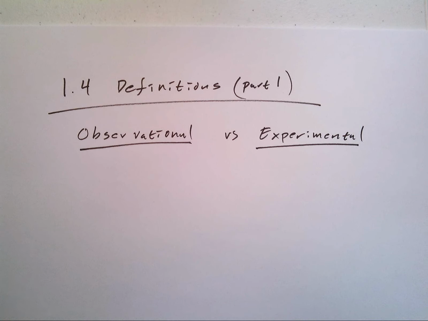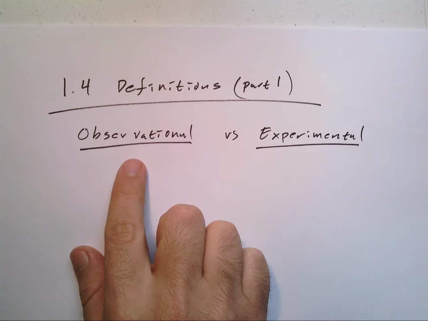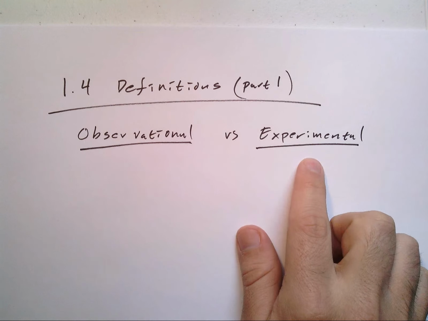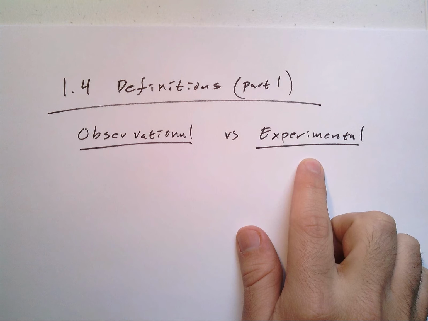One does not get the medication, the other does get the medication. In this case, you're actively tweaking the group you're looking at, right? So you're actually doing something to it. Right? Observational, purely looking. Experimental, you have a hand in adjusting things.